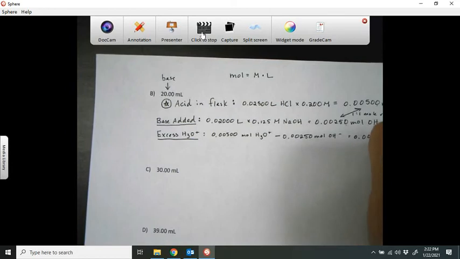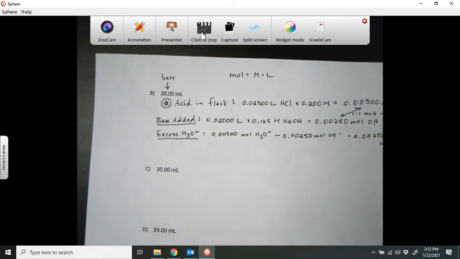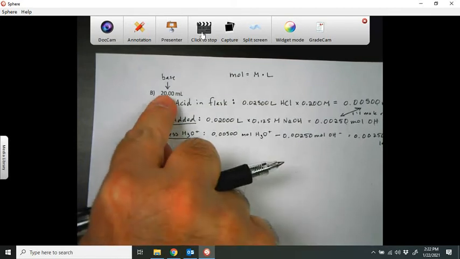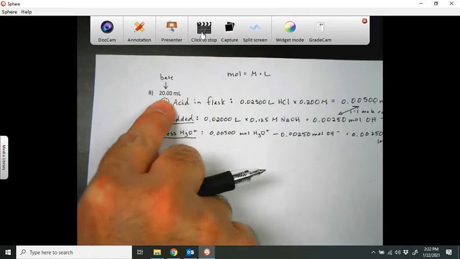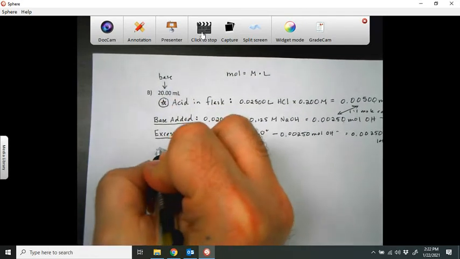And if you want to put left over, that might help. So now we have to calculate the new molarity. But because we added a substance into there and it's a volume, we're going to have a new volume. So we have to calculate the new volume.